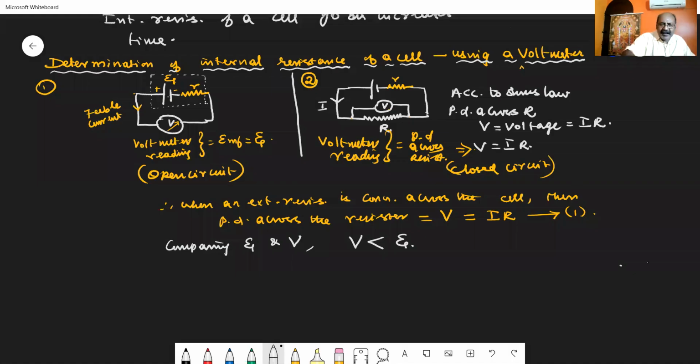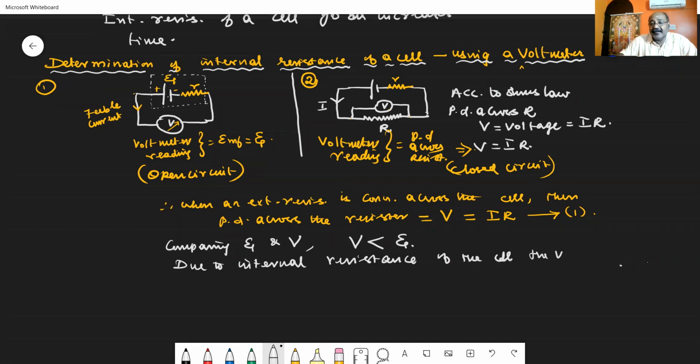That is, the potential difference in the closed circuit is less than the potential difference in the open circuit, which is the EMF. Why is this happening? Due to the internal resistance of the cell.